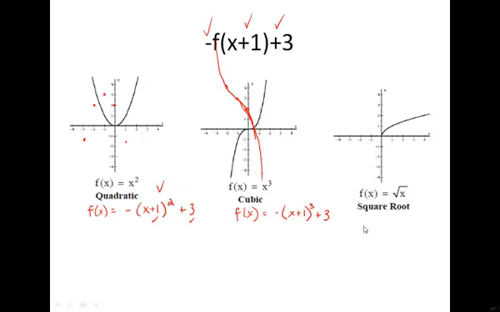Alright, same thing, f of x equals, so again we want that plus 1 with the x underneath the radical, because it's with that x in this parent function, and then we're going to add our 3 outside. So this one would be back 1, up 3, and then instead of going over 1, up 1, we're going to go over 1, down 1, and we're going to do our arc in the opposite direction.